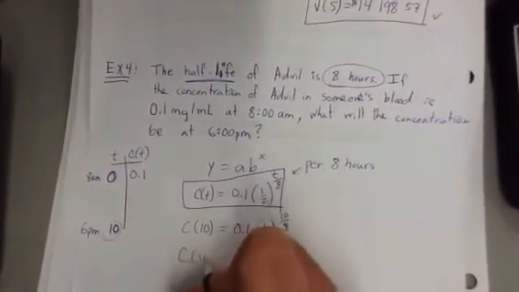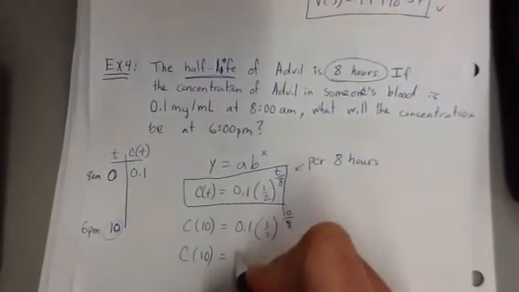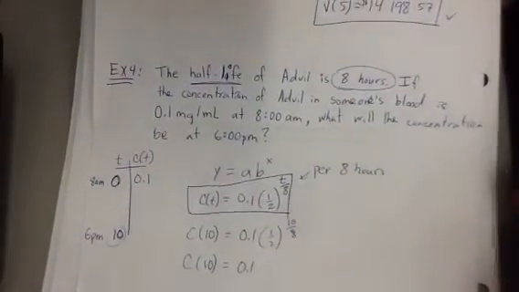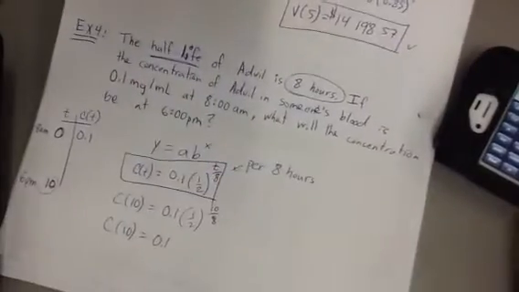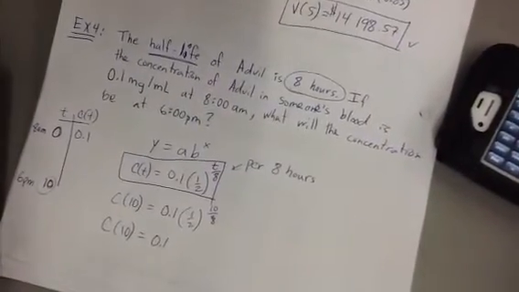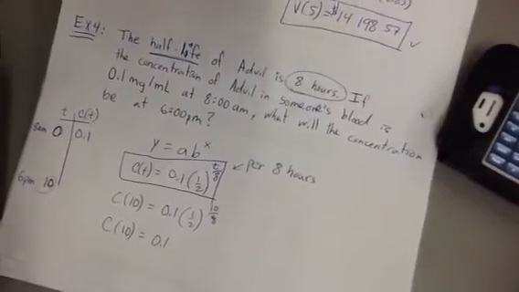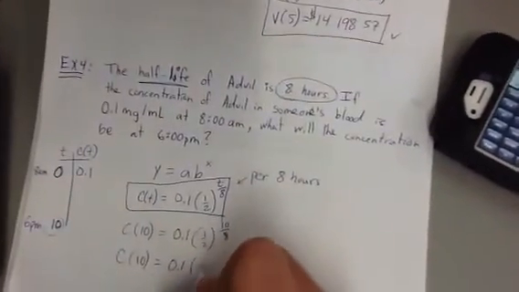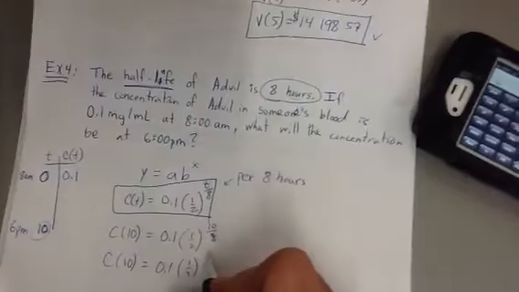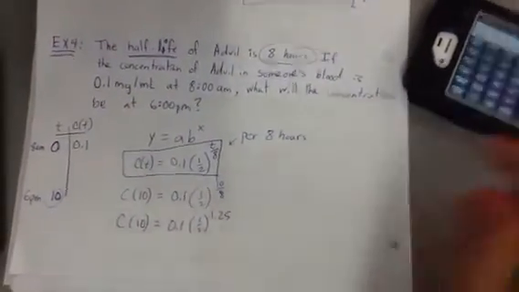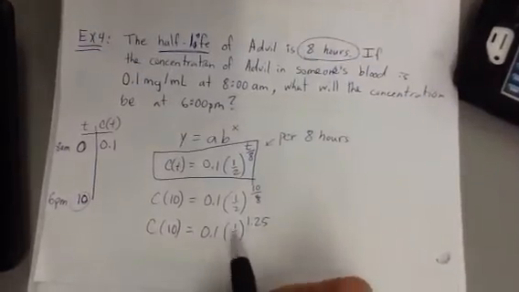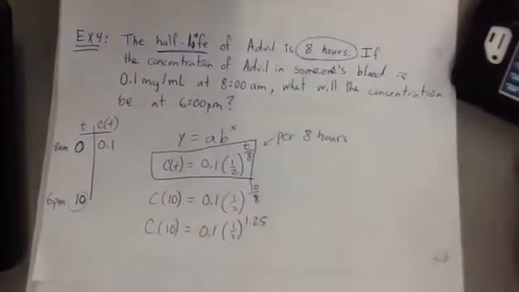You can just use a calculator here. You don't have to use exponent laws if you don't wish. You could just do 10 divided by 8, and if you want to write it as a decimal, that's fine. That's 1.25. Just remember, you have to do a half to the power of 1.25 first.